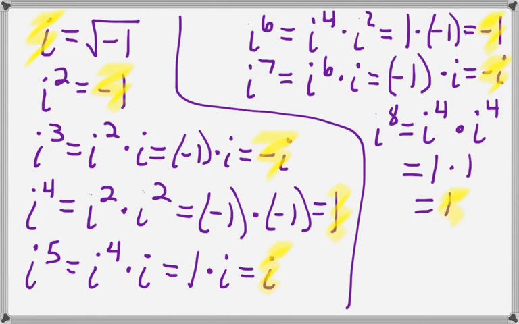So let's talk about then, what if we have i to a really big power? How do we figure out which of those 4 things it's equal to then? So for example, what if we have i to the 56th or something? We're going to talk about even powers first, and then we're going to talk about odd powers.